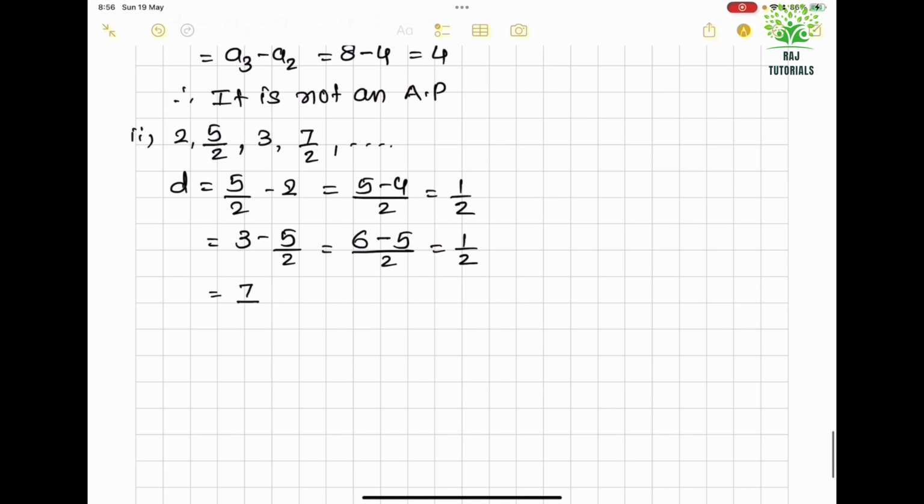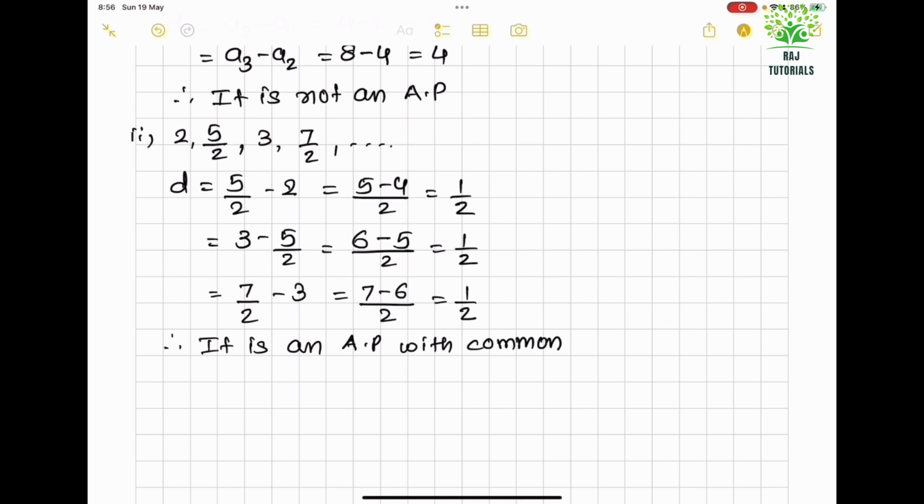Then 7 by 2 minus 3, so 7 minus 6 by 2, 1 by 2. Therefore it is an AP with common difference D equal to half.